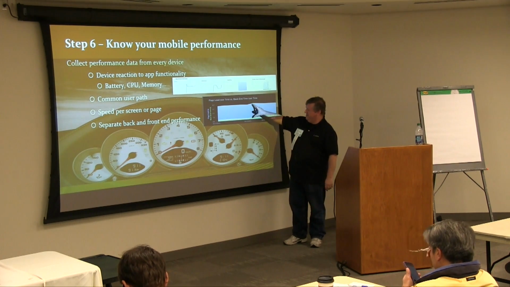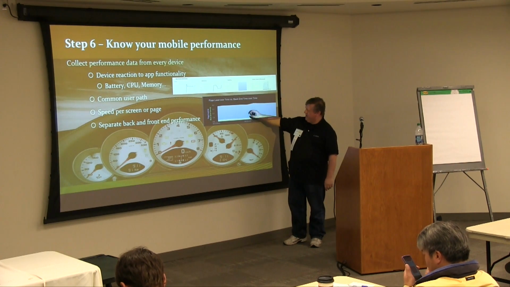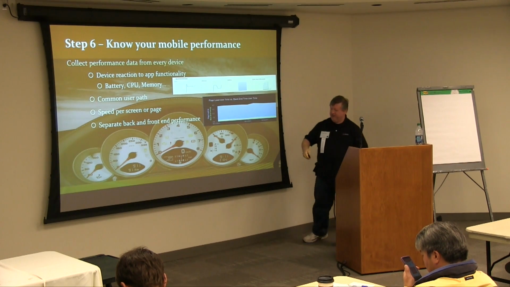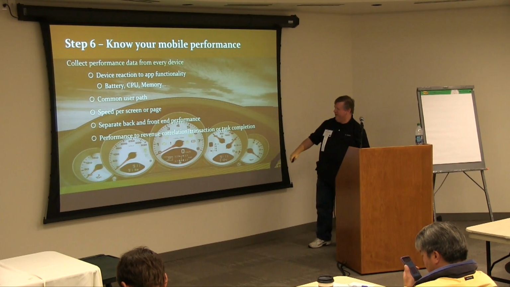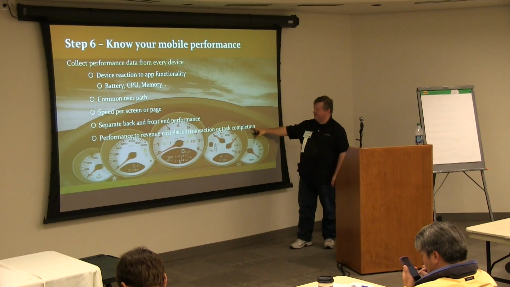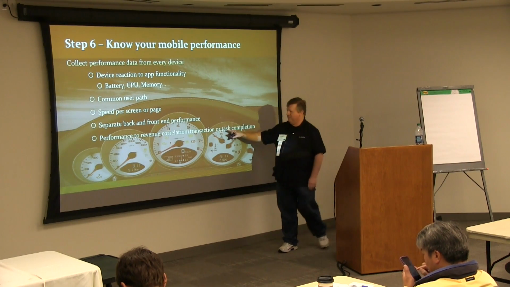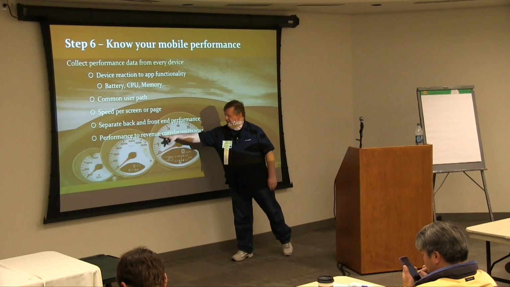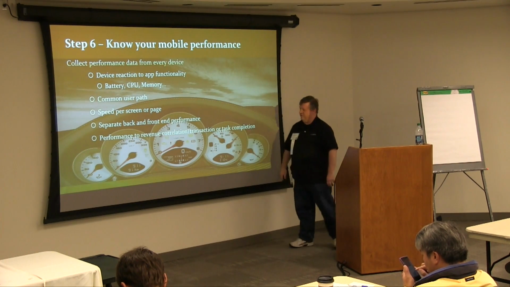When you're looking at a well-performing back-end, you can focus on just the in-device functionality, but you also have to be measuring how that back-end is going to be performing, and look at the correlation between whether customers are able to finish a transaction or the task that they want to do compared to the performance, especially if the task is one that generates revenue.